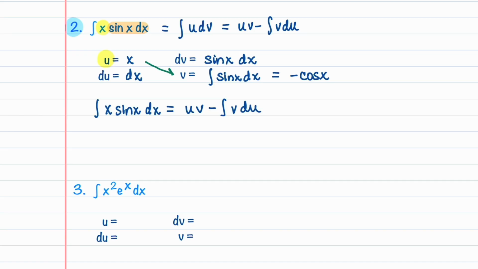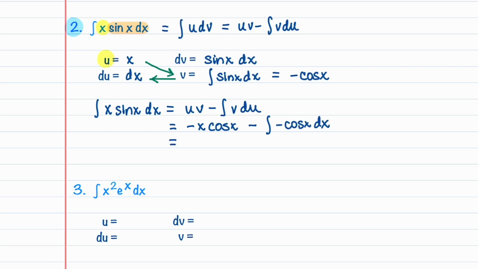Here's our u times our v, and that gives us a minus x cosine x, and then we're going to subtract v times du, and we're going to integrate that. So we have a minus the integral minus cosine x dx.